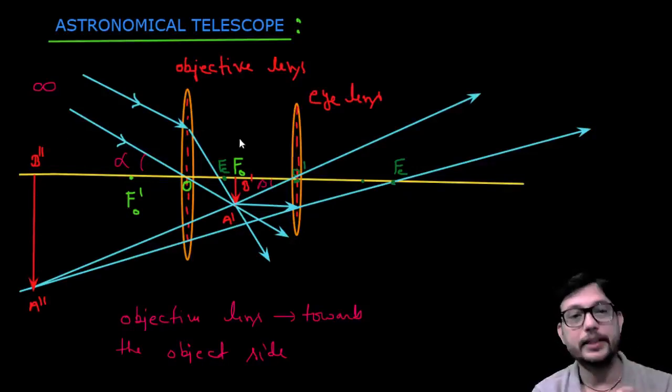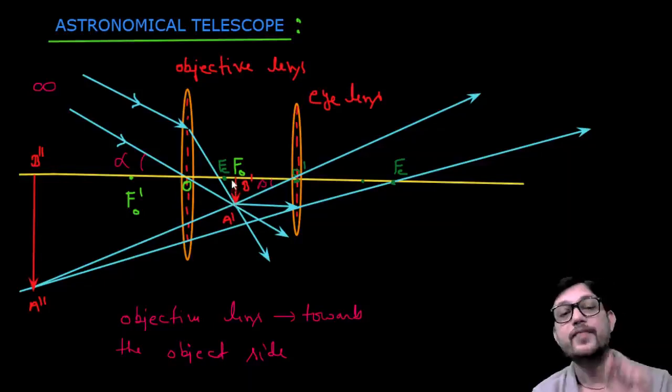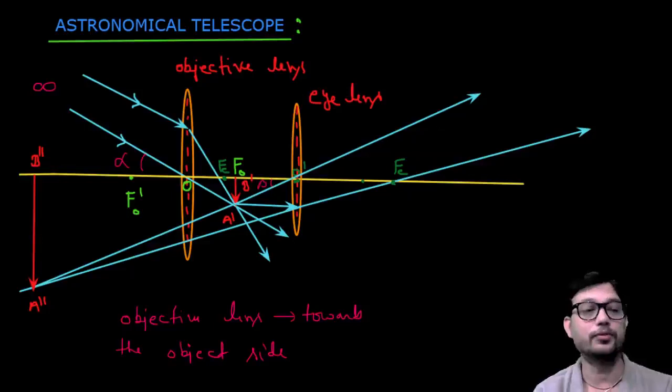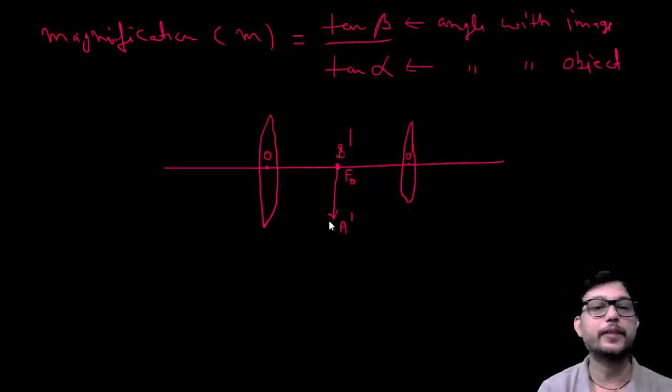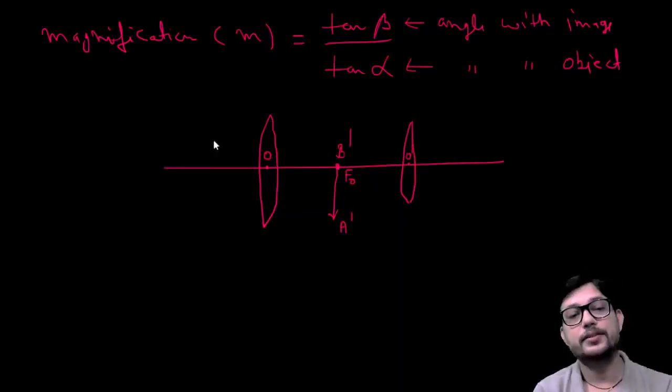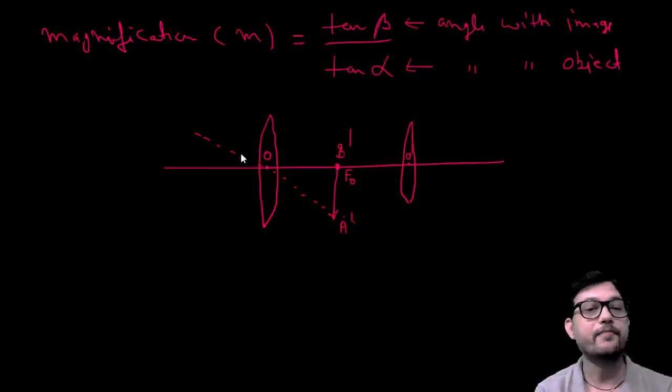So this is the objective lens, the eye lens, with O dash, A dash, B dash, which is at point FO. So this will be your point FO. Now as you can see, here is a ray in that particular diagram, and this angle is taken as alpha.